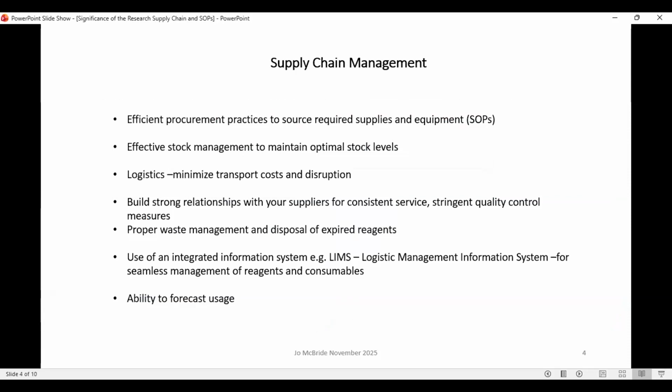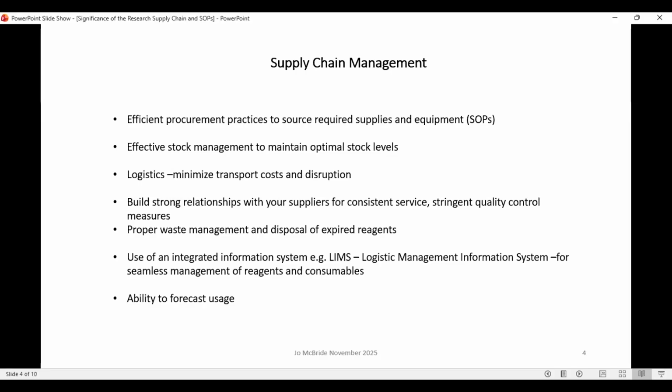When we're looking at the procurement of your supplies for the lab, we need to see that there are efficient procurement practices in place, needed for your supplies and your equipment.